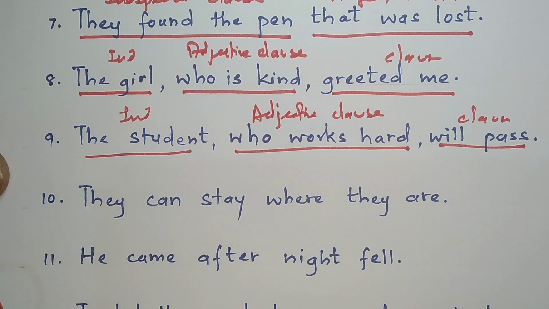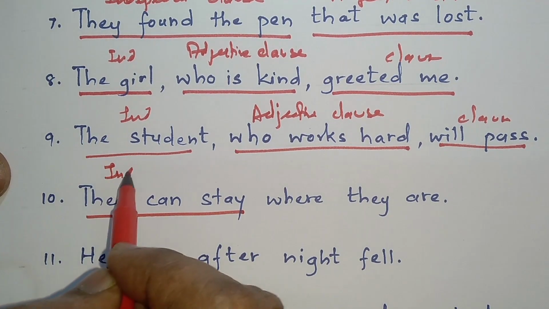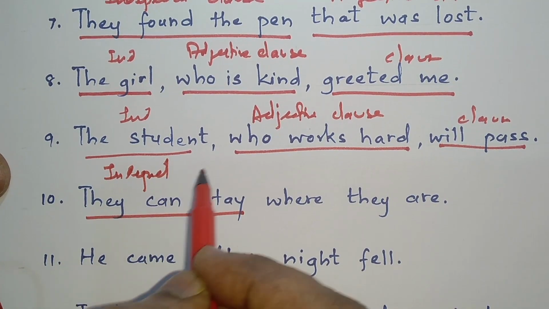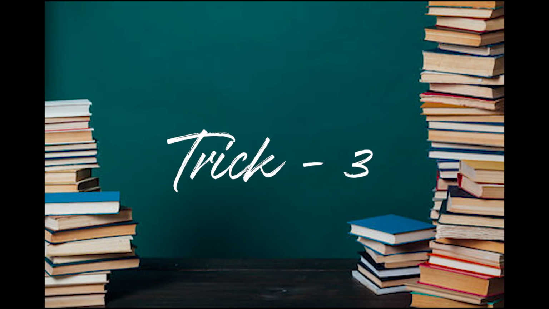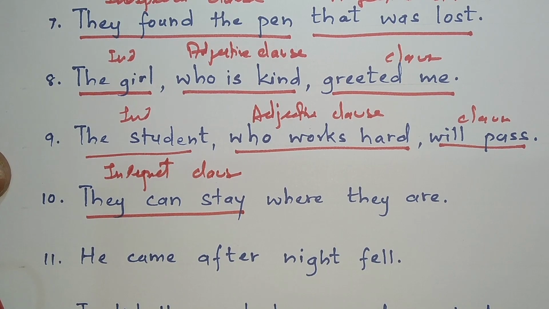Next, they can stay where they are. They can stay is the independent clause. They can stay. Stay what? Where they are? No, I am not getting the dependent clause as the answer.